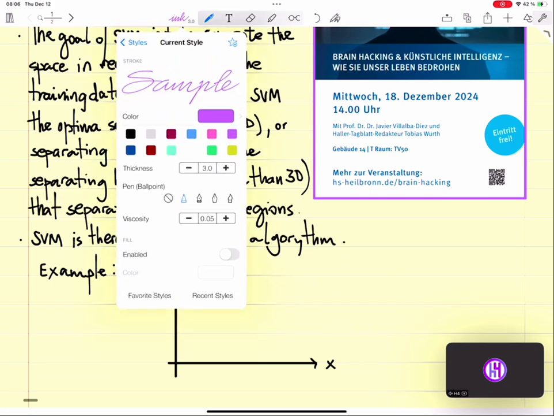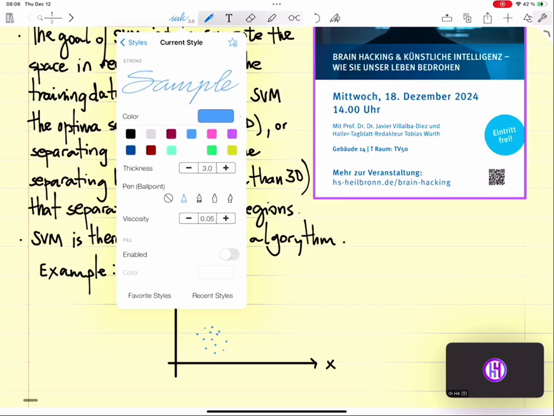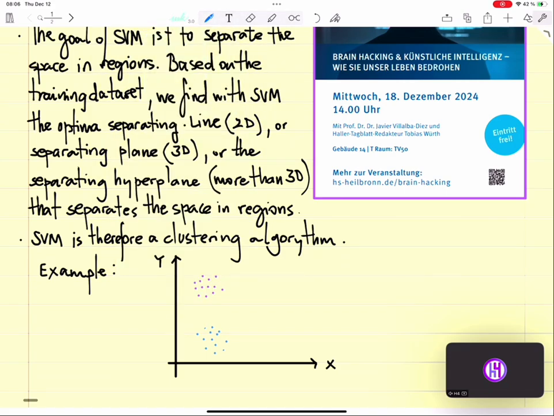Customers, let's say the lilac, and then blue customers in this area, and then green customers. Okay, and you want to separate the areas of the city. This is the city, let's say. This is the space, city.